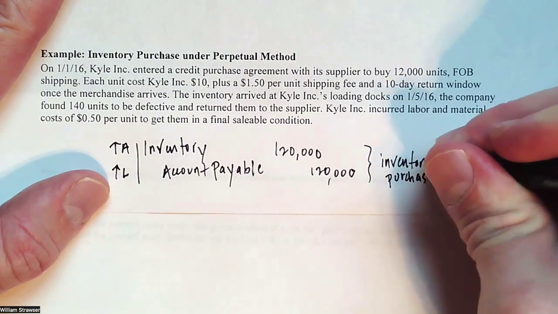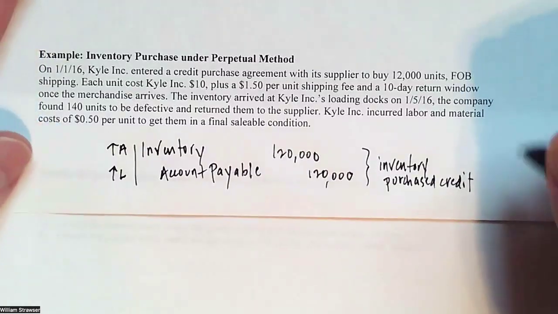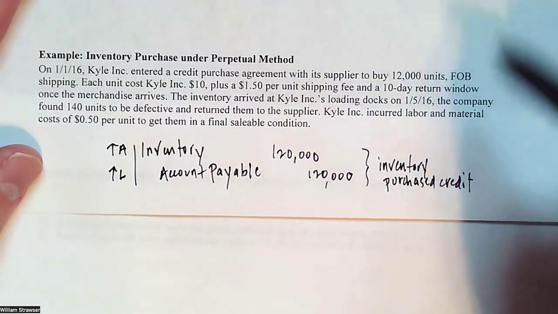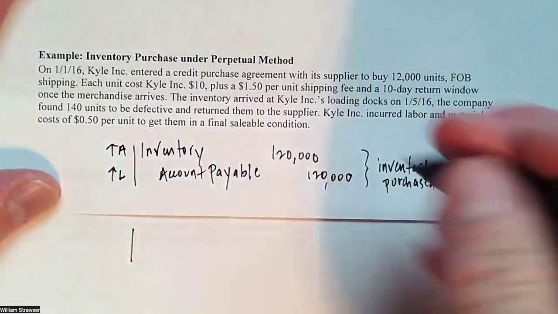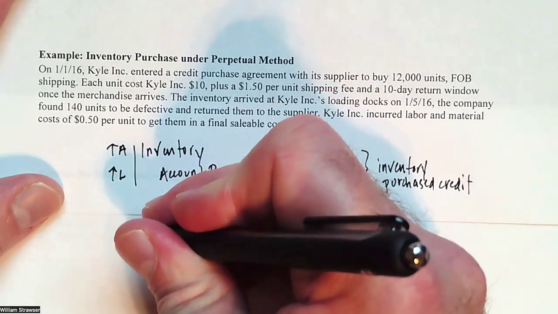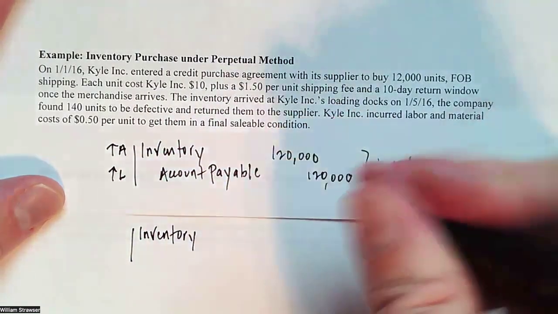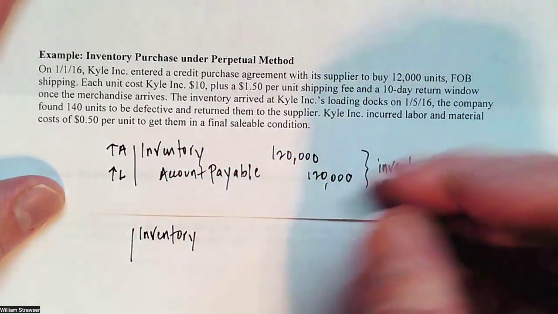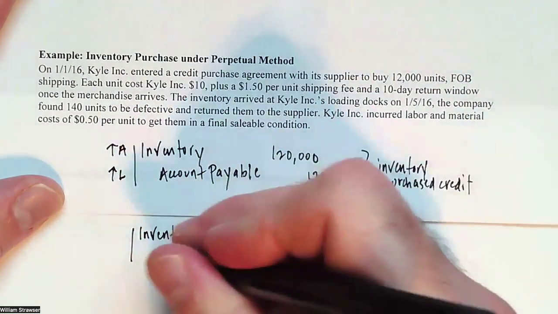This is inventory purchased on credit. Freight's going to be in cash. So we had $1.50 per unit, that would be $18,000 of freight. And because we're doing the perpetual system, that freight is just going to be debited to inventory instead of freight-in. So it goes straight into the inventory account.